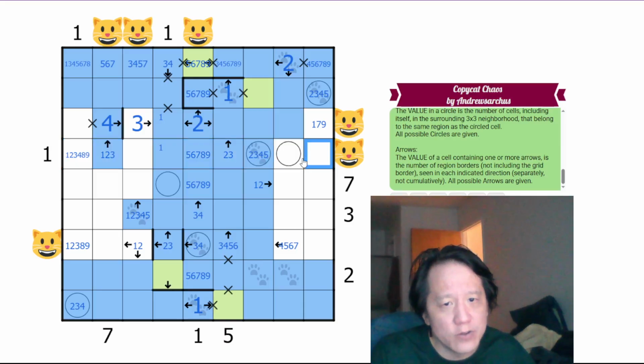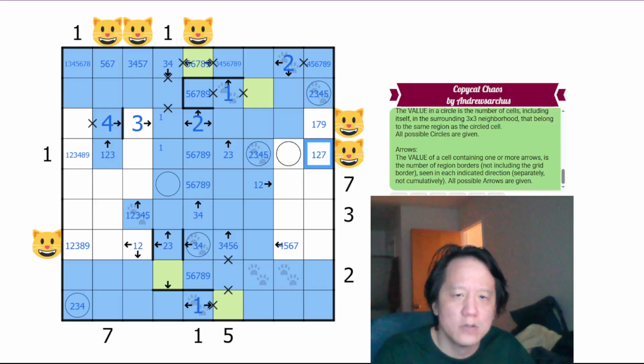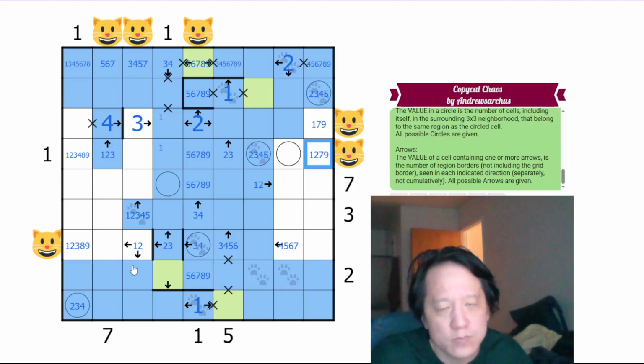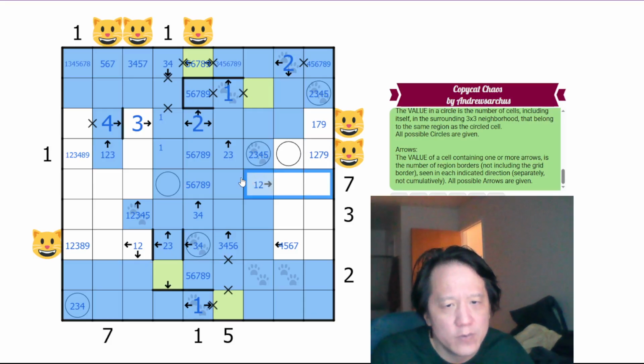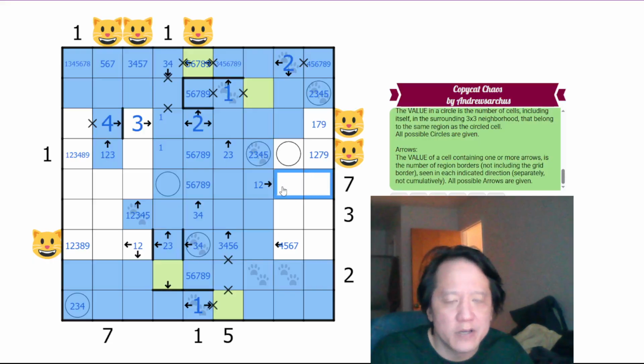Copycat value can be 1, 2, 7, or 9 here. But these are just values. 7. We have to have a boundary here, because it's at least 1.